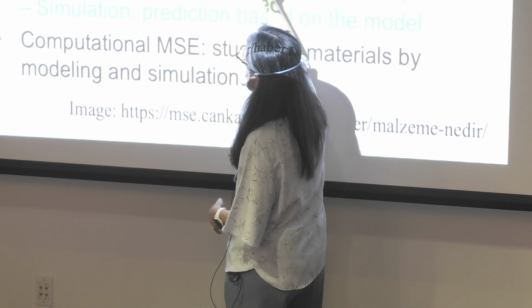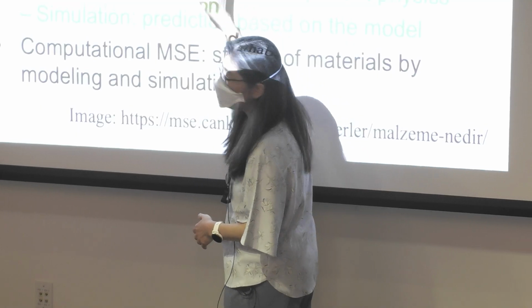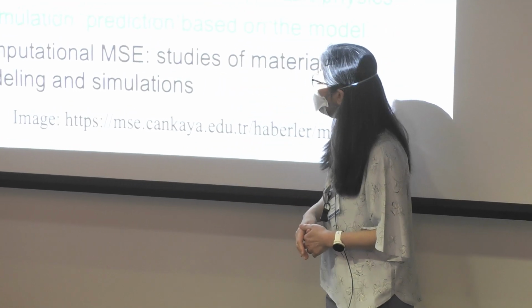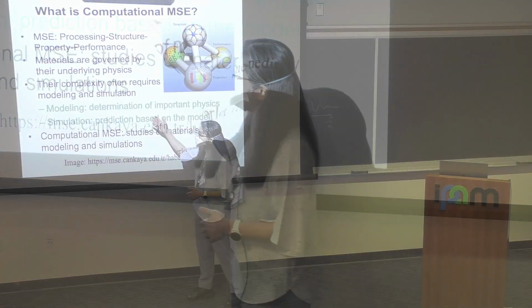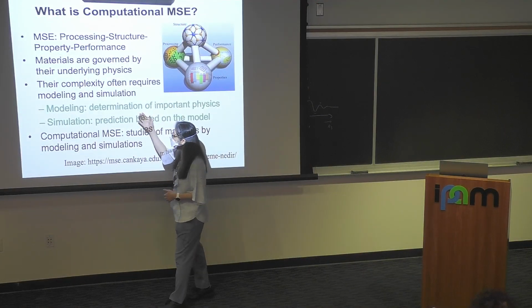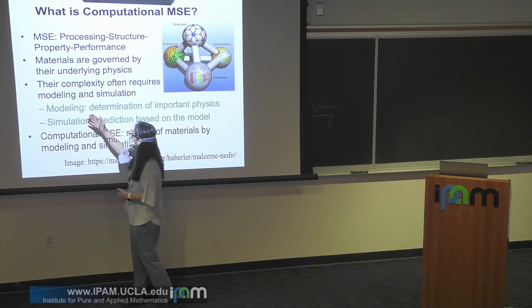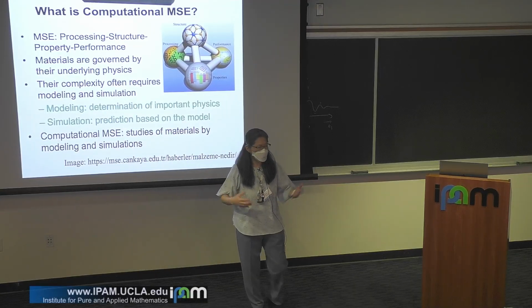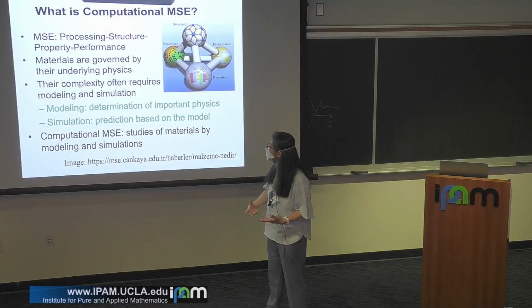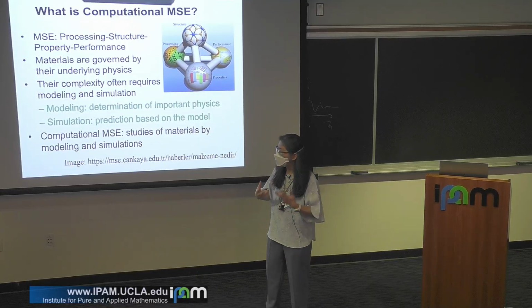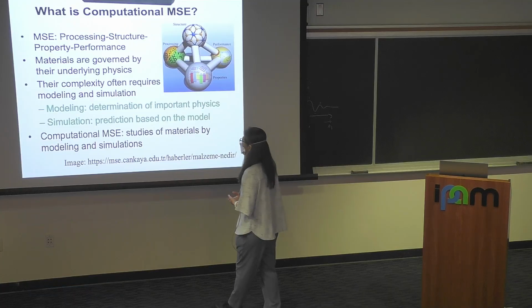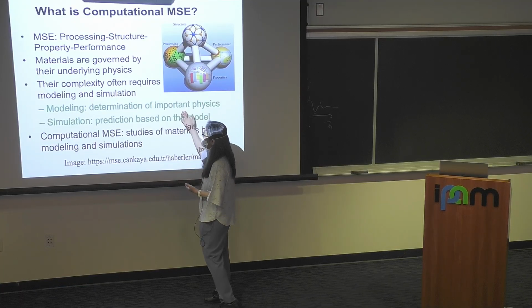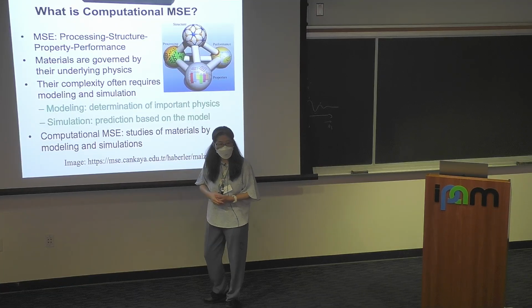But that is not often possible in materials because it's quite complex. The first thing that we have to do in studying materials is modeling, to determine what physics or chemistry or other aspects we need to consider in studying the system. And that often leads to some kind of equations.